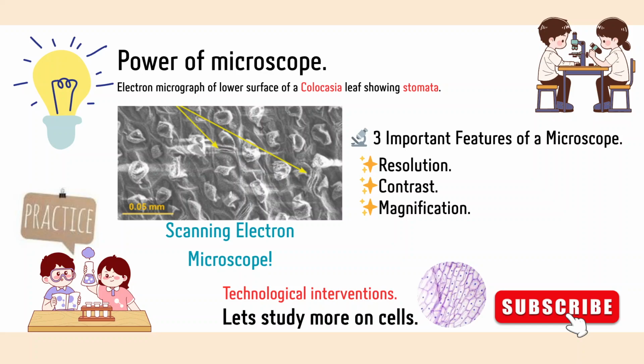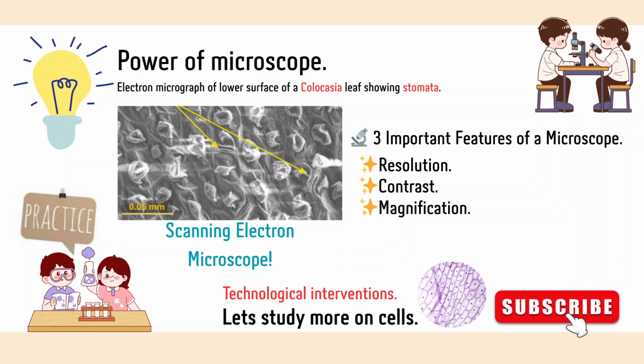The third is magnification, which makes tiny objects appear much larger. Remember, the three main features of microscopes are resolution, contrast, and magnification. If these features are improved, microscopes become powerful.